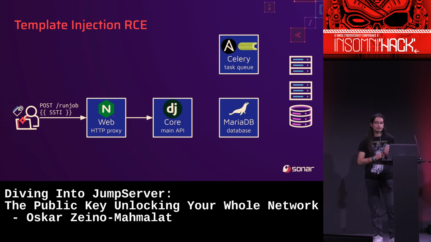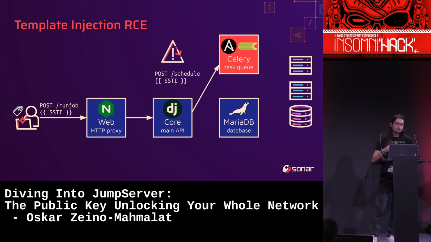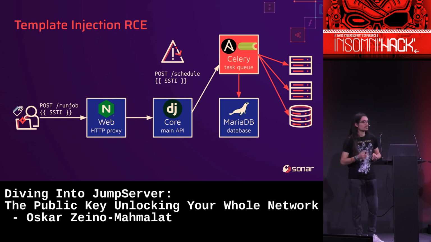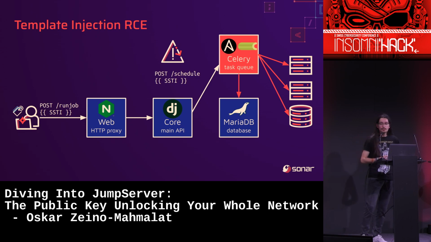And I'm posting a job with my server-side template injection payload in there. And this will compromise the Celery container directly. And with that, I can just go to the database, pull out all the credentials in there, and log into all hosts that are inside the internal network and do anything I want. And of course, delete the logs afterwards so that nobody knows I was ever there.